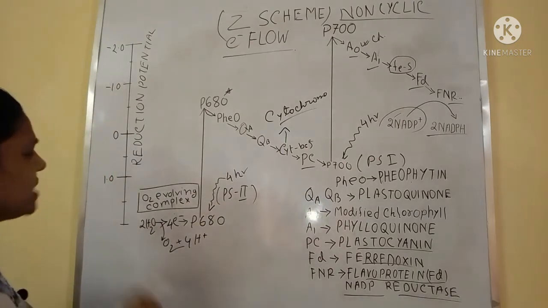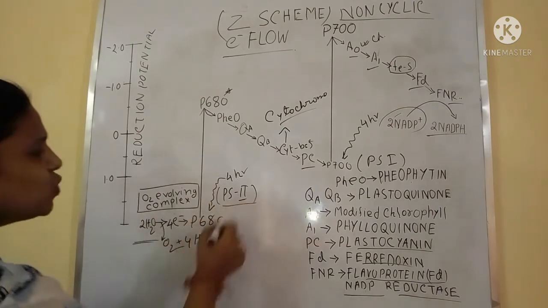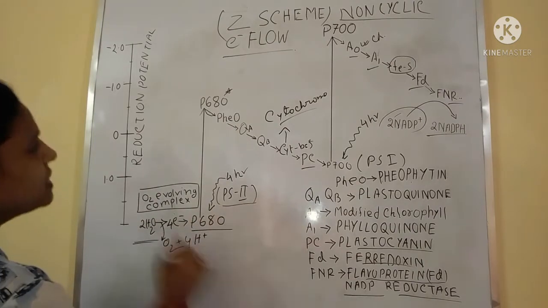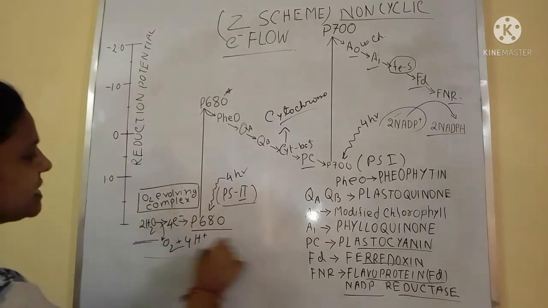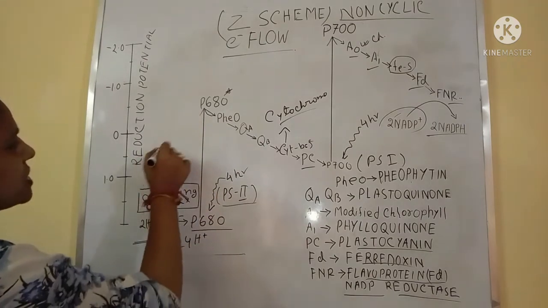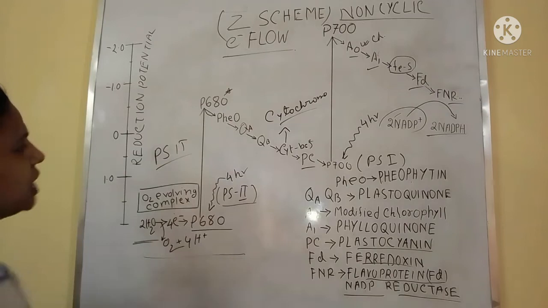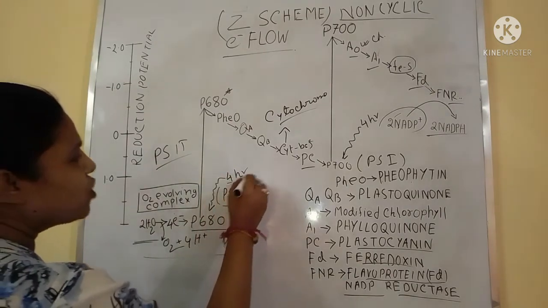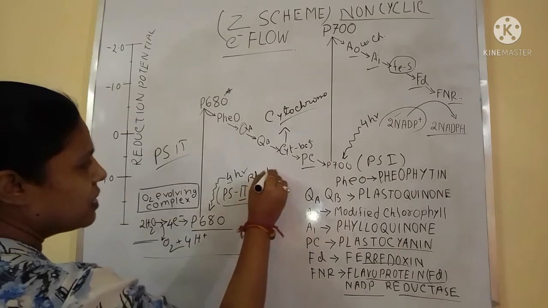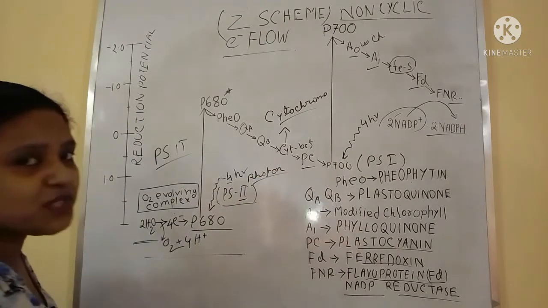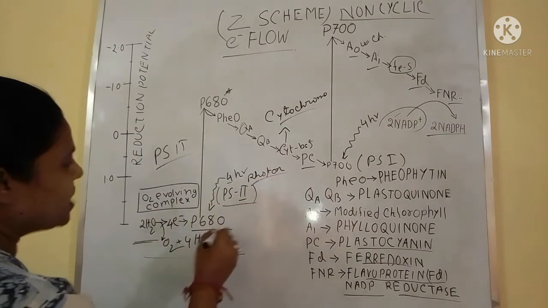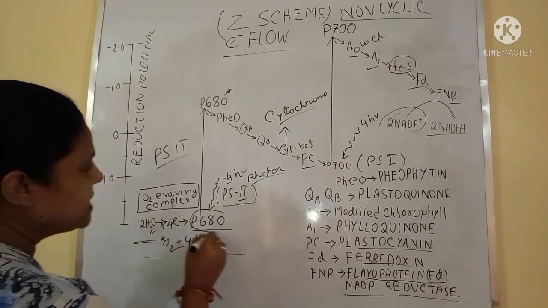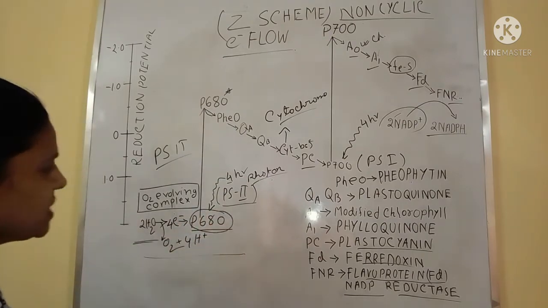First, you see here the H2O that splits. PS2 means P680, photosystem 2. Clear? First of all, the photon comes from sunlight and transfers into the P680, the PS2 system.